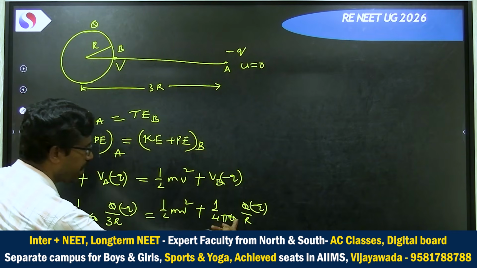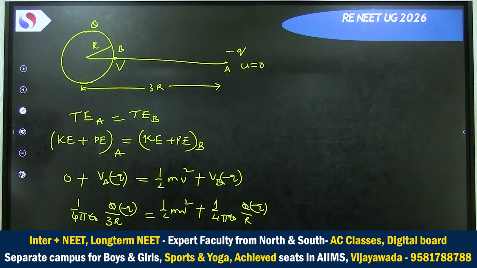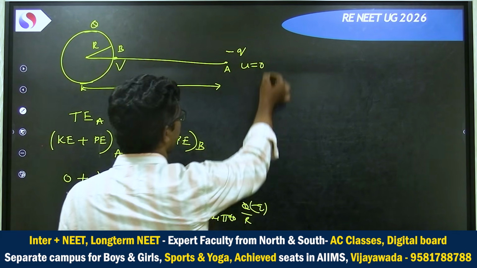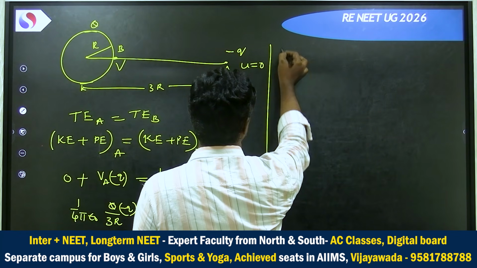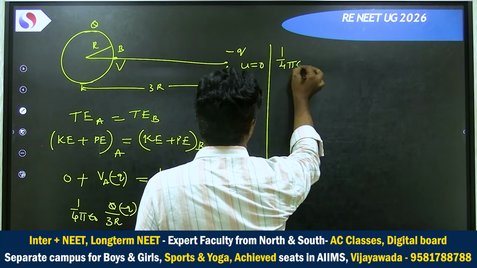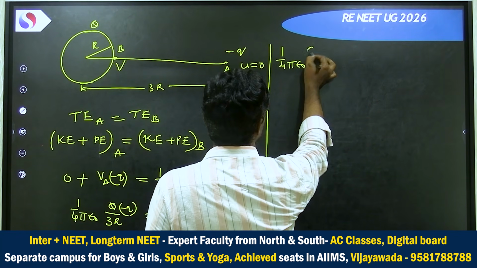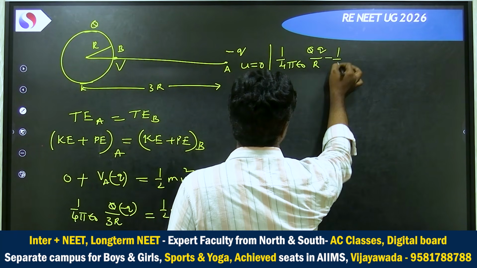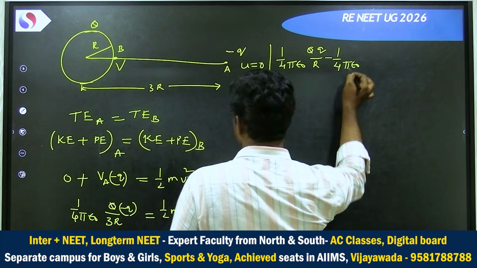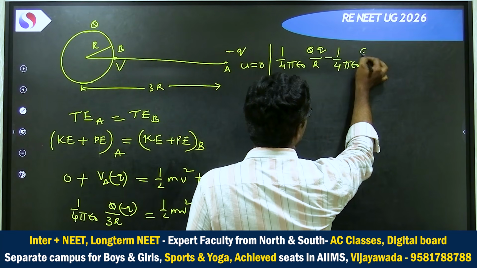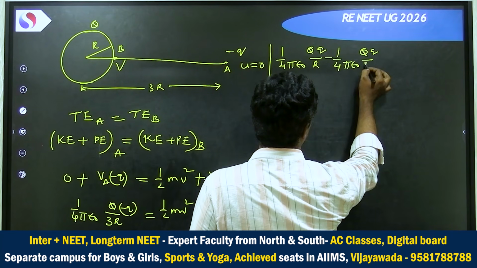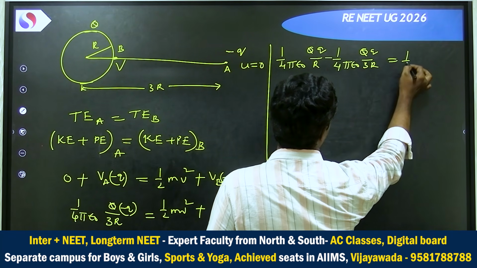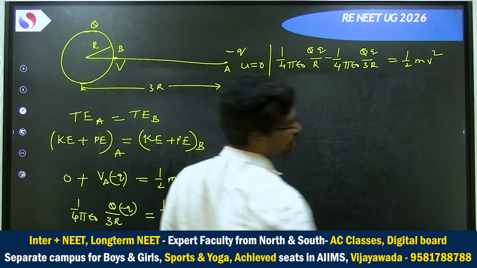We have to write this minus charge to the other side, it is positive. Here we see 1 by 4 pi epsilon naught capital Q small q by radius r minus 1 by 4 pi epsilon naught capital Q into small q by 3r is equal to kinetic energy half mv square.